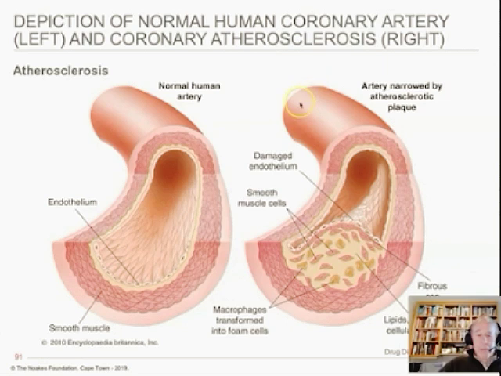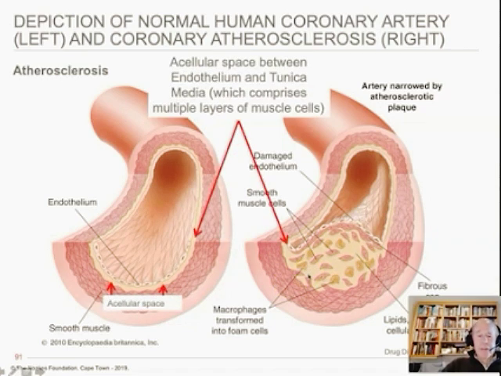So here's a diagram, and I think this one comes from Encyclopedia Britannica, and on the left it shows a normal artery, and on the right it shows an artery that's invaded by coronary atherosclerosis.